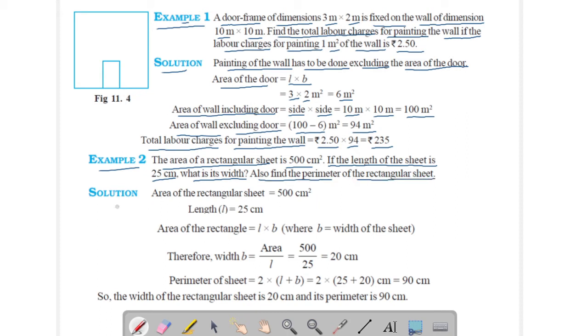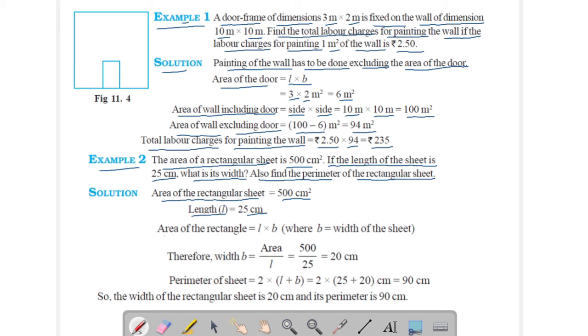To see the solution, here area of rectangular sheet is given to you, it is 500 centimeters square, and length of rectangular sheet is also given, that is 25 centimeter. From here we can find out breadth of rectangular sheet.